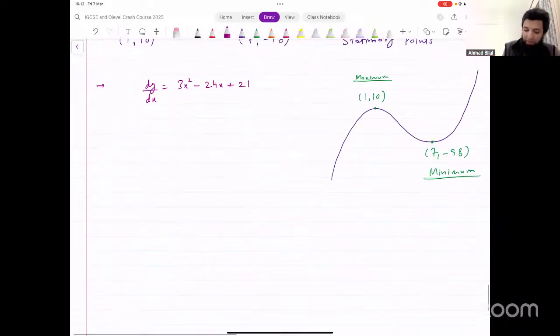Right? That was your first derivative. Now, if you want to figure out if these turning points are maximum or minimum, you have to differentiate it once more. So you find the second derivative of this.